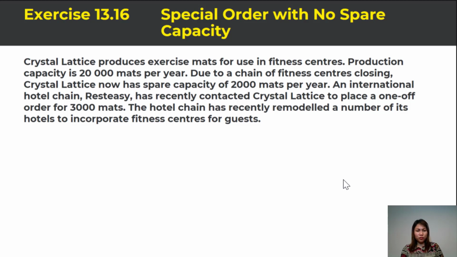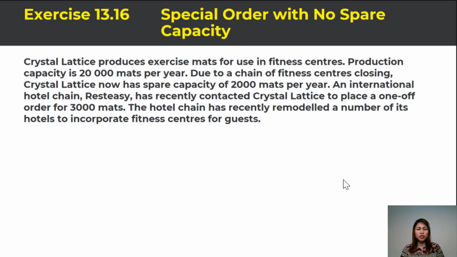So let's stop for a little while here. Production capacity is 20,000 mats. Now, the second sentence tells us that they have spare capacity of 2,000 mats. The requirement for the special order is 3,000 mats.